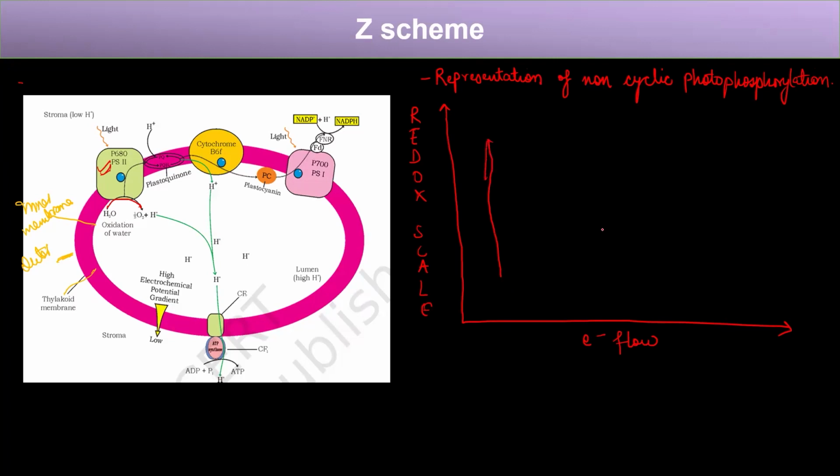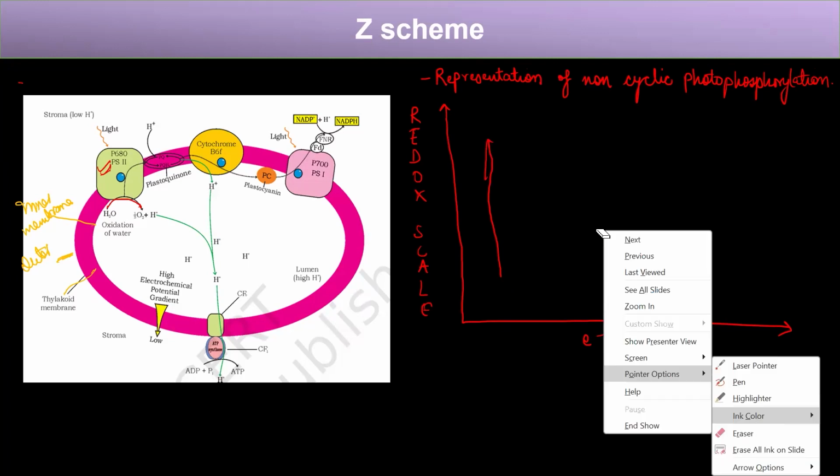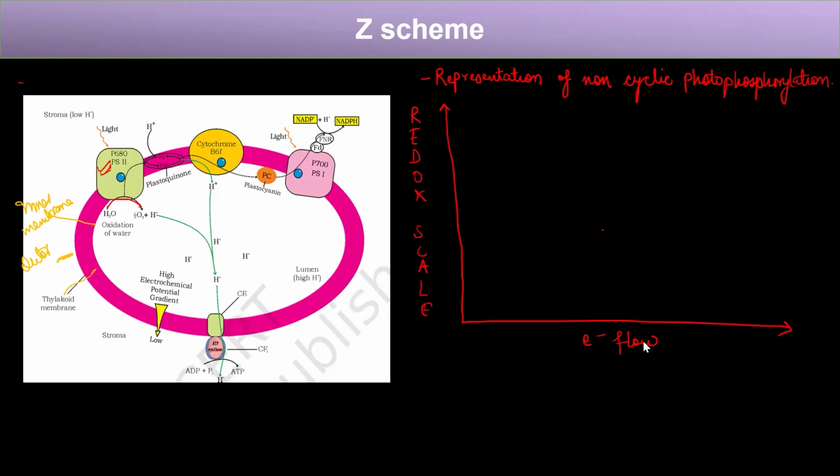This is a straight line. It will have a structure that represents the Z. Okay, that will look like a Z. So here is your PS2. Then this is the electron transport. Then here will be your PS1. Again, the electron will move, and then here will be your NADPH. Finally, NADPH will be formed, right? So if you see the shape, from PS2 to PS1 till here, it is a Z shape, and because of this reason, it is known as the Z scheme. Okay.